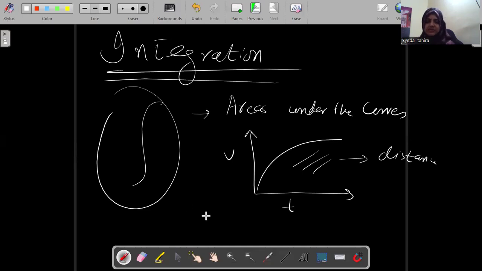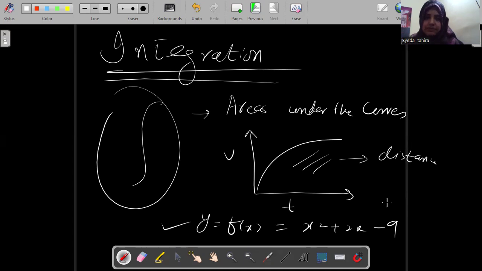And in many other cases, for example, if I have a curve represented by the function, let's say x squared plus 2x minus 9, finding out the area under this curve might be of interest to me, even if I do not know at the moment what type of physical quantity this area is going to represent. But this is a fact that finding out the areas under the graphs is of very high importance, right?